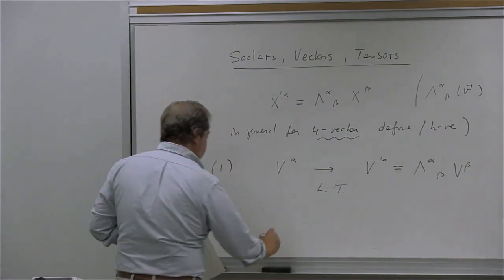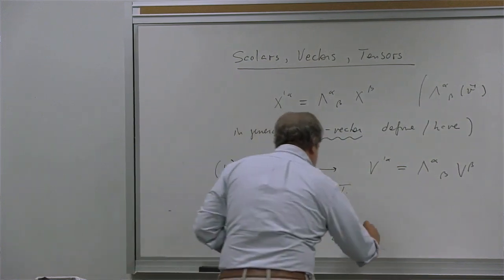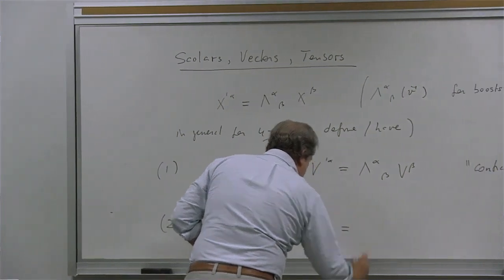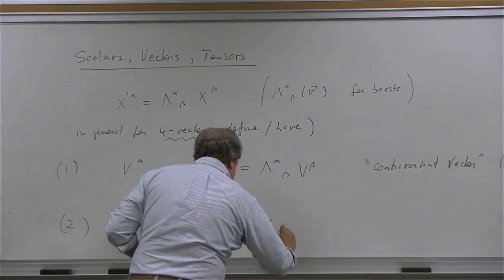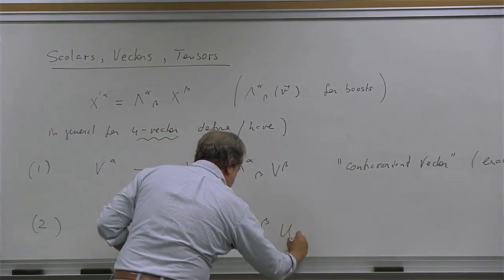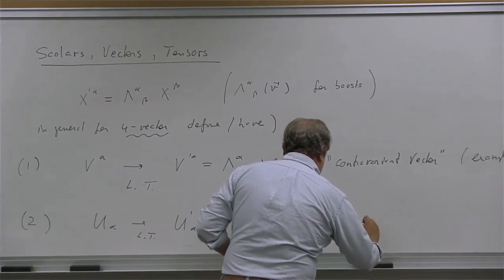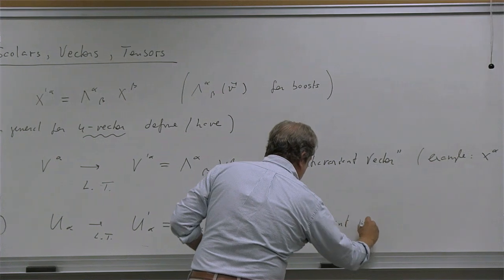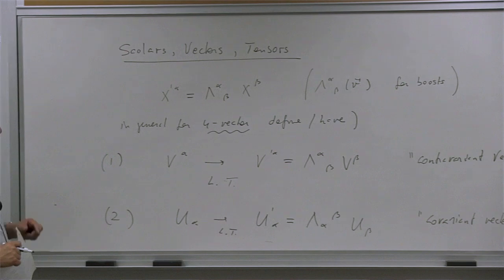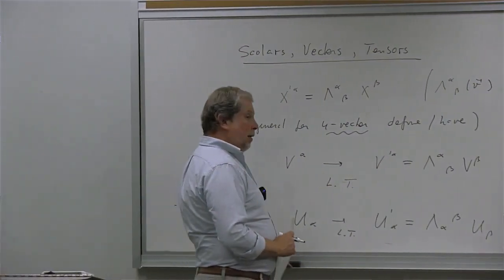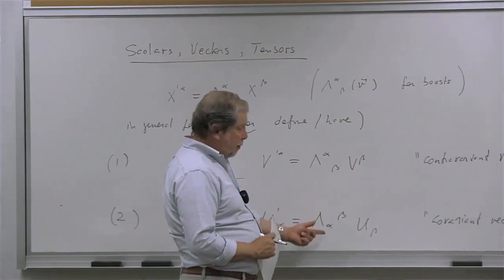Case 2 is a u alpha, which under a Lorentz transformation transforms into a u prime alpha. And that u prime alpha transforms with a slightly different form of the lambda matrix, which is lambda alpha beta u beta in this way. And this is called a covariant vector. We haven't quite seen that yet, but it transforms in a slightly different way, and we now have to tell you what this matrix is.